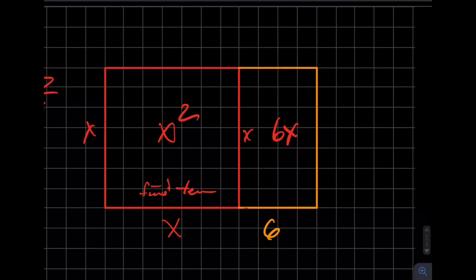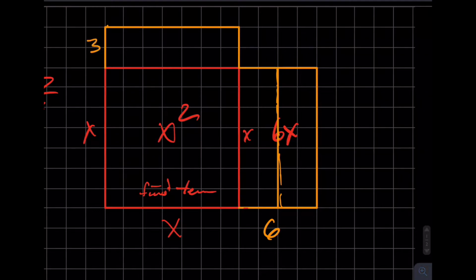So to complete the square, I'm going to take this 6x and I'm going to take half of it and move it up here. Such that this has dimension 3, this still has dimension x, so the area of this is 3x.